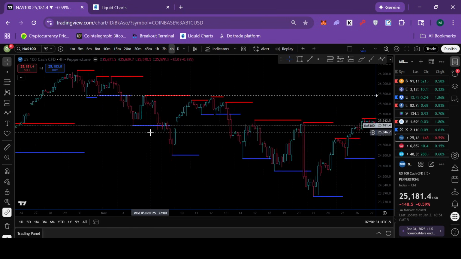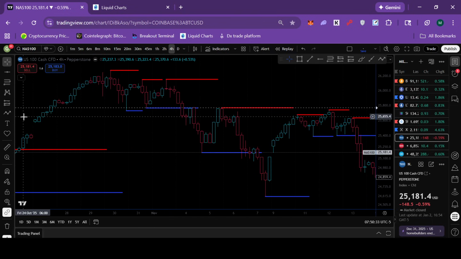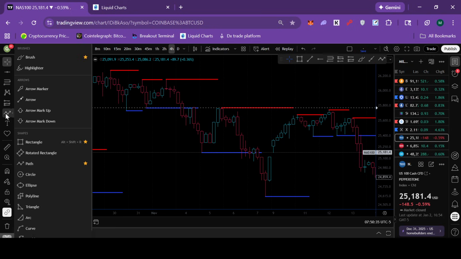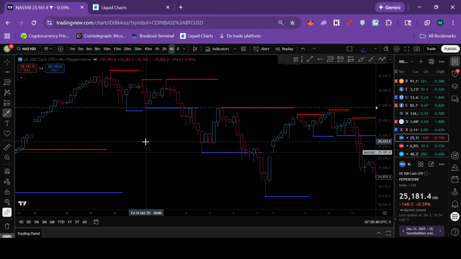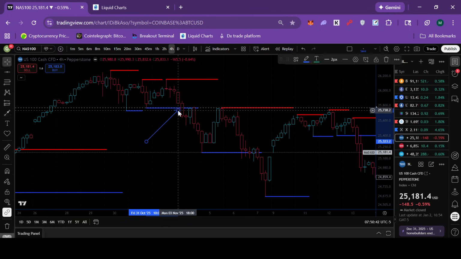So I'm going to give you some examples. What we're going to be looking for is anytime the market pushes through a most recent support or resistance. So for example, let's start here. We have this blue line, which is our support, and we see the market pushes through. What we want to see is the market push back into this level in between here, but not break above a most recent resistance.